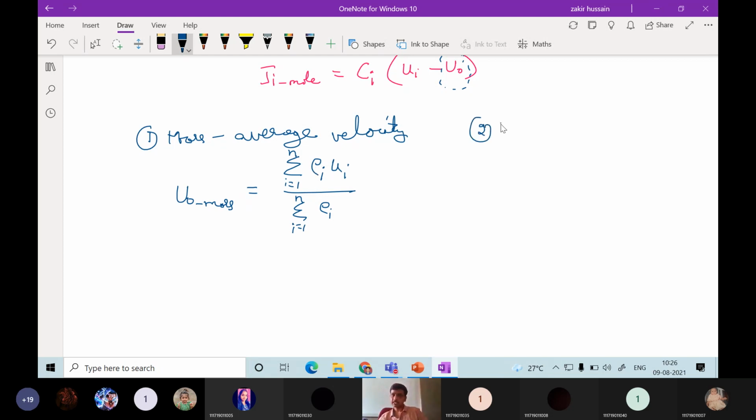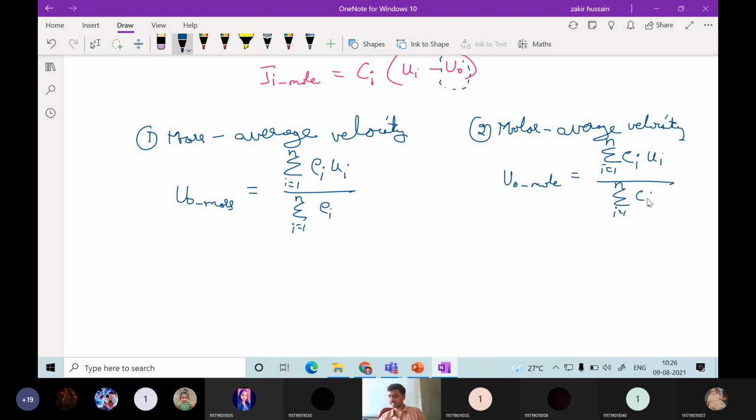The next quantity is the molar average velocity. This is u naught mole, equal to the summation from i equals 1 to n, where in place of mass concentration we write molar concentration C i, of C i times u i, divided by the summation from i equals 1 to n of C i.